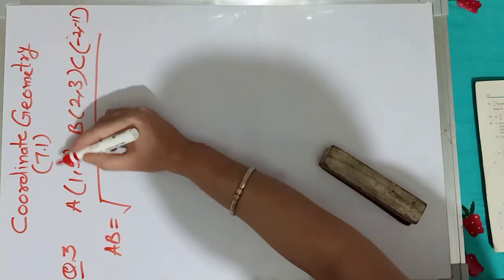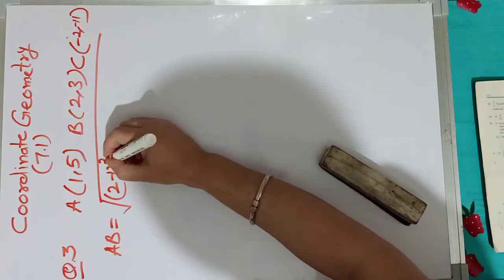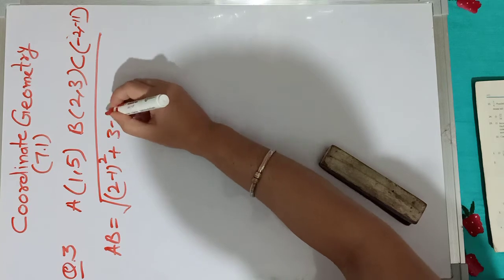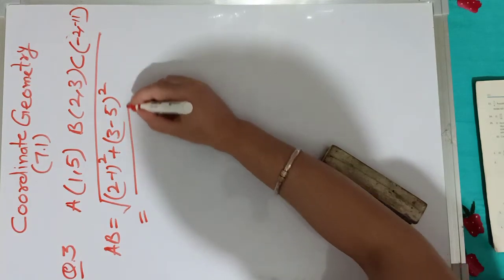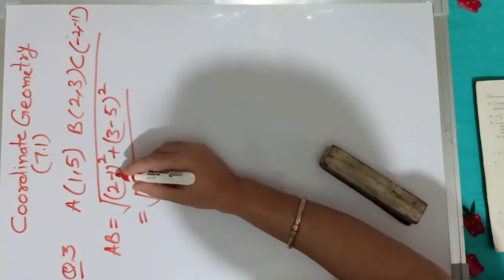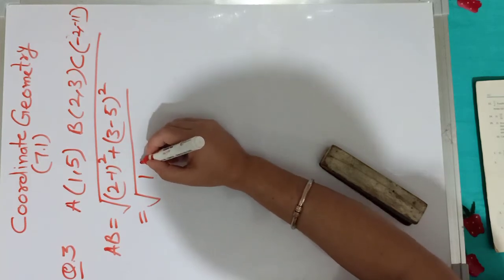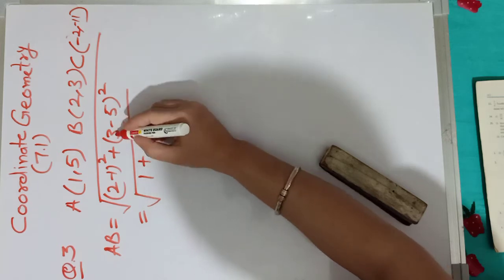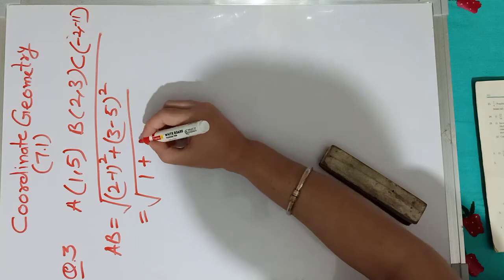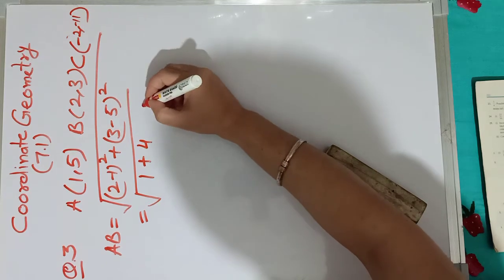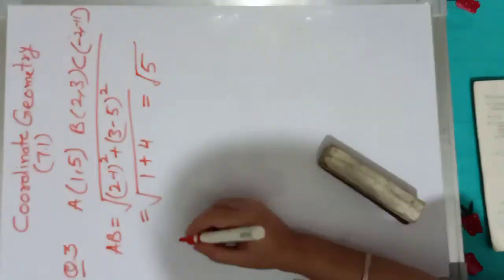Yes, x2 minus x1 whole square means 2 minus 1 whole square plus 3 minus 5 whole square. Yes, 2 minus 1, 1 square will give you 1, plus 3 minus 5, minus 2 square, that will give you 4, means you will get here under root 5.